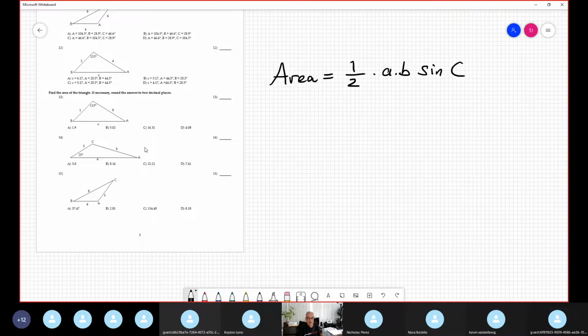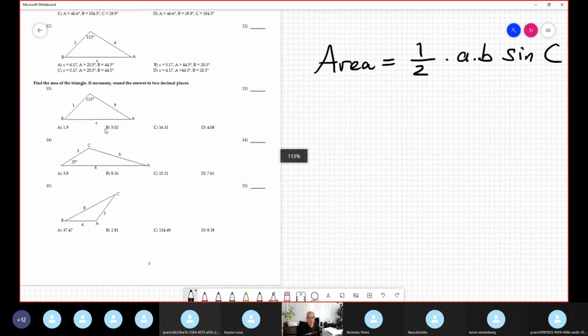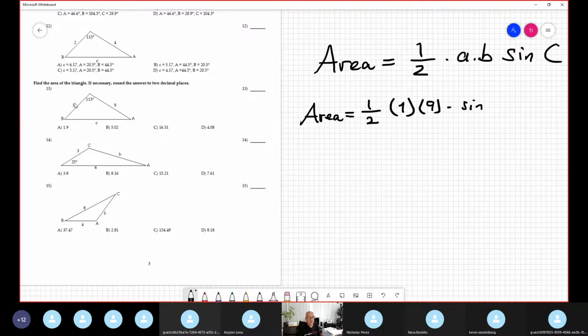In this case, the information given is this side, que es 1 and 9. Look, 1 and 9. The area is 1/2 multiplication 1 times 9 times sine of this angle, que es C, ¿no? Que es 150 degrees. Put in the calculator, and that's it. The answer was 4.08.